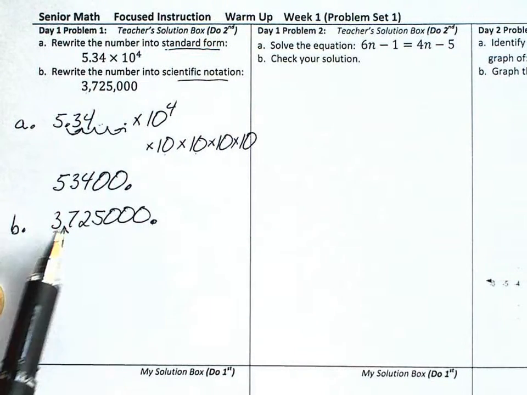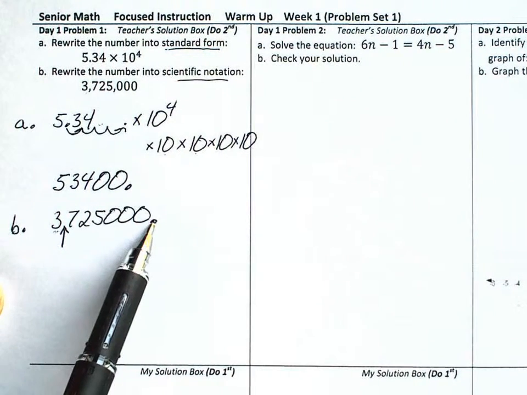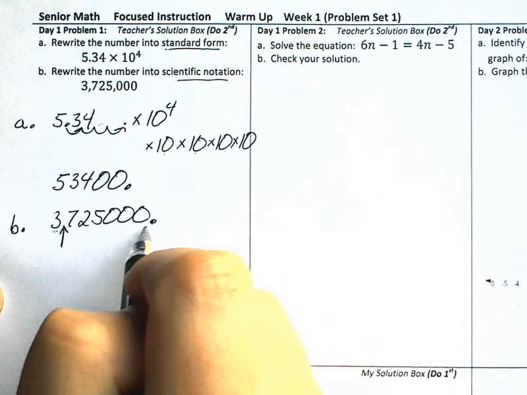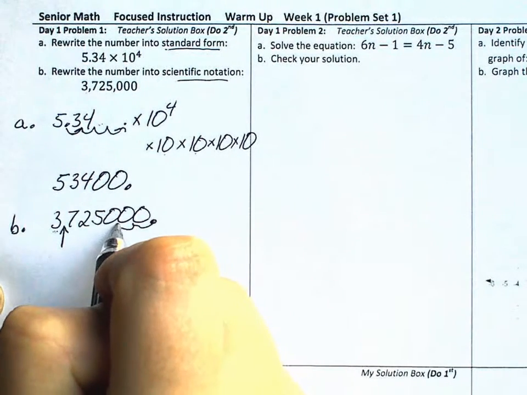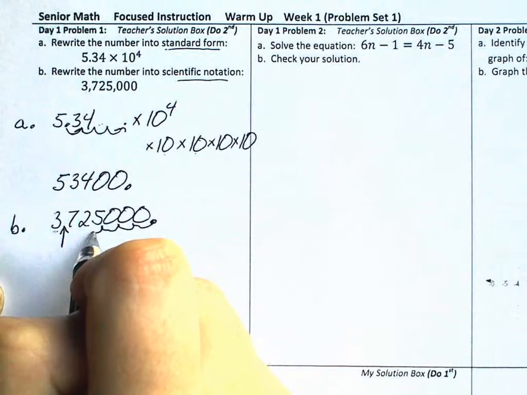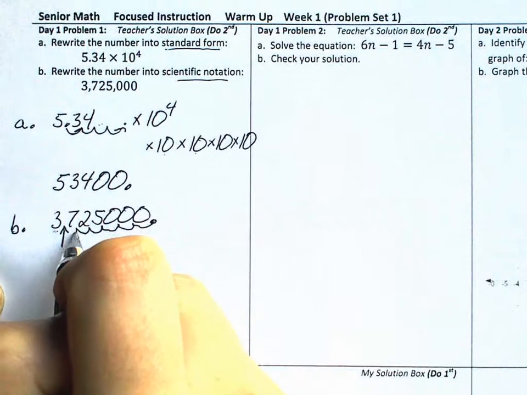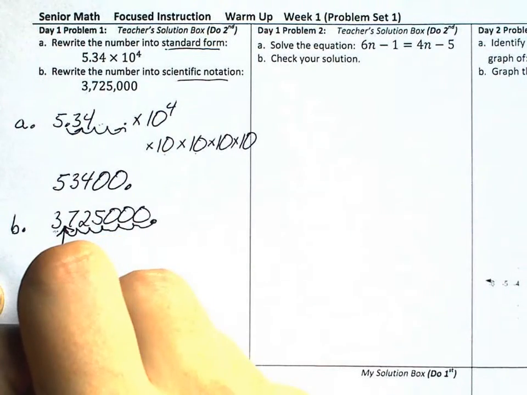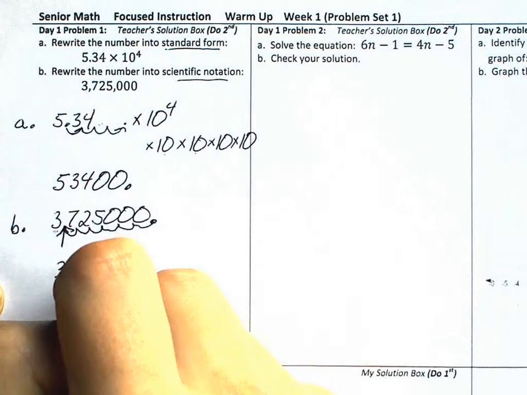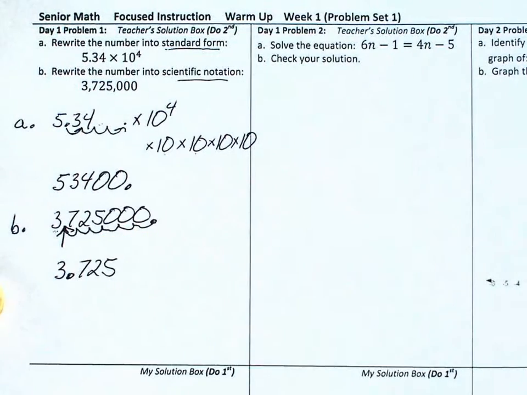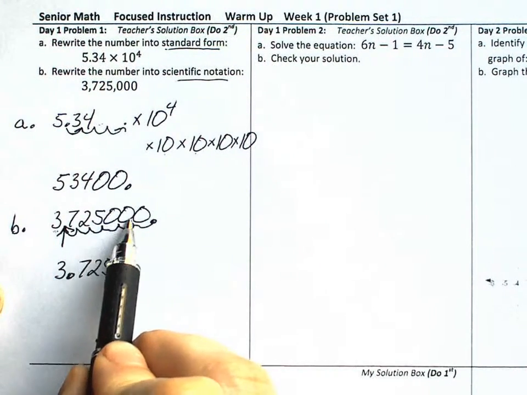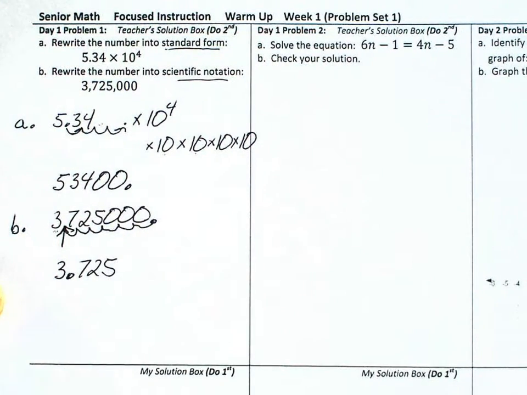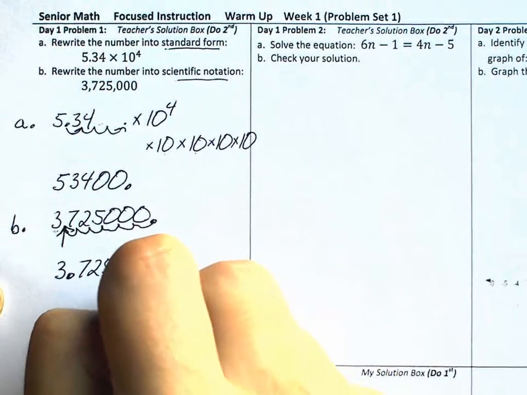Well, if we want to move the decimal point to this spot, how far do we need to move it? Let's count. 1, 2, 3, 4, 5, 6 spots. That's going to create 3 point and then 725. We can disregard these extra zeros here and then write times 10.